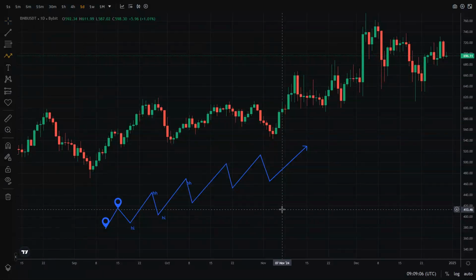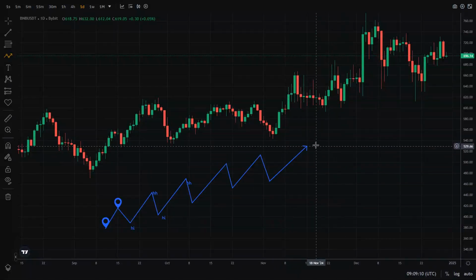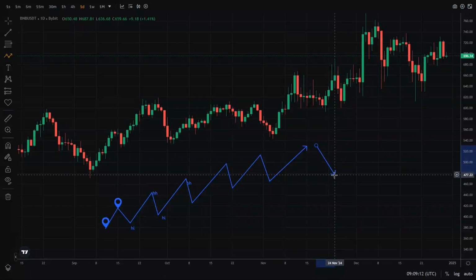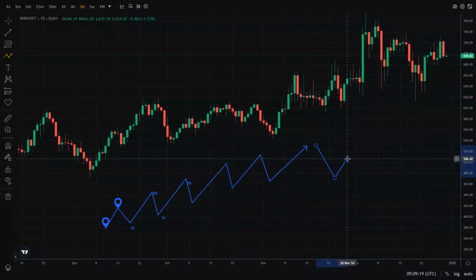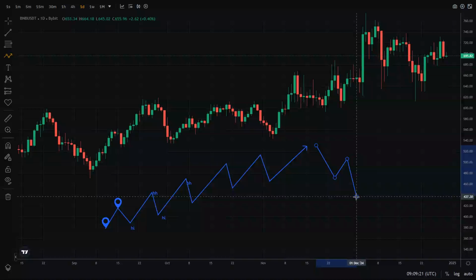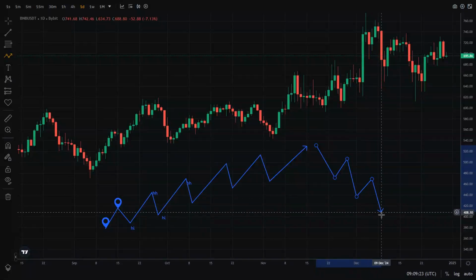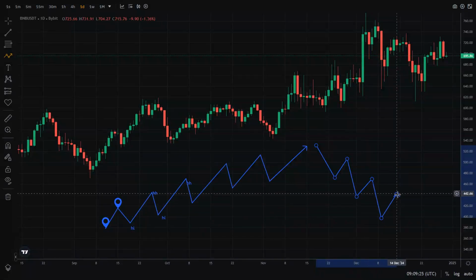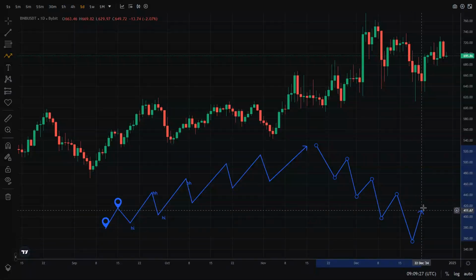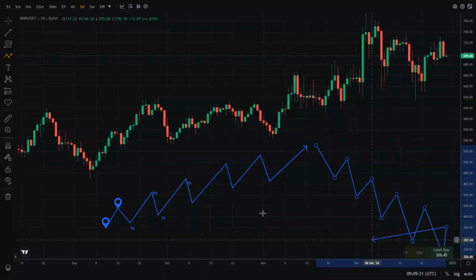First, it gets to the previous low. It pulls back, goes down, pulls back, goes down, pulls back, comes down, pulls back, and goes down.